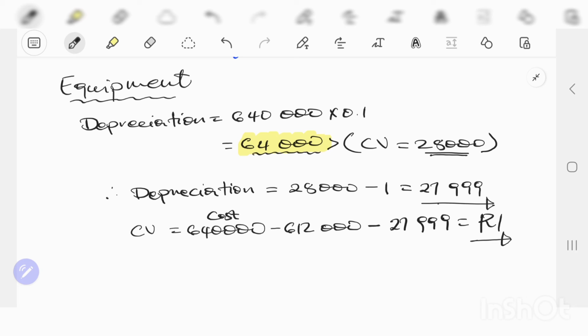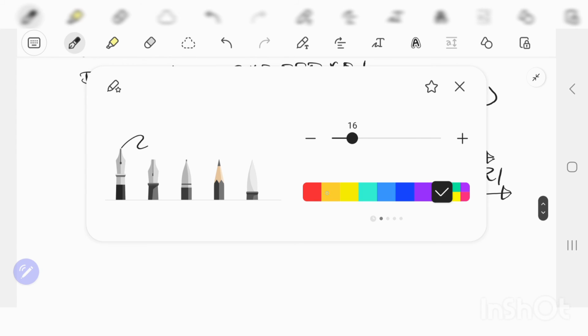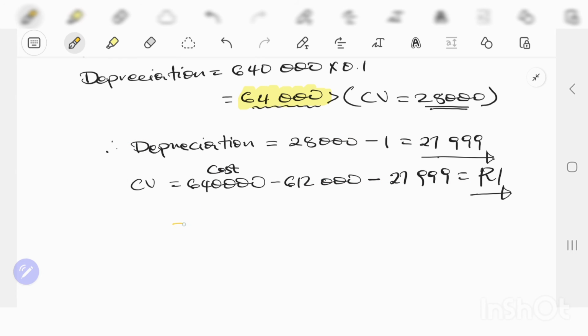And what if we had used this 64,000 as our depreciation for the year? Let's see. So 640,000 minus 612,000 accumulated depreciation minus 64,000.